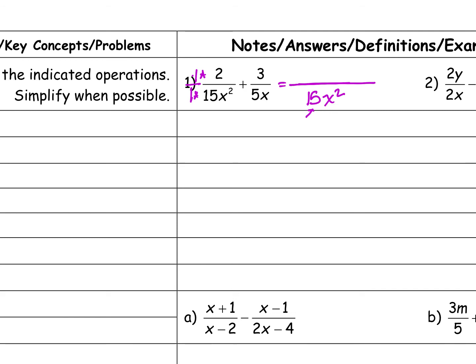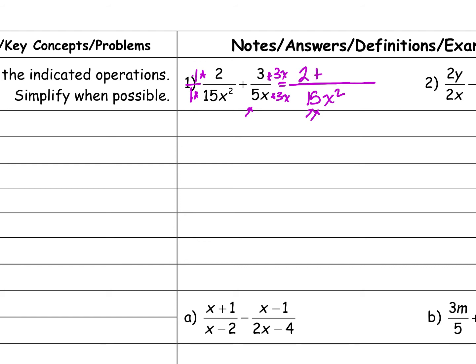Okay. What do I multiply this fraction by? What do I multiply 5x by to get 15x squared? 3x. So I'm going to multiply both the top and the bottom by 3x. And 3x divided by 3x is 1, right? So I didn't change the value of it. I just changed what it looked like. Does that make sense? So 1 times 2 is 2.